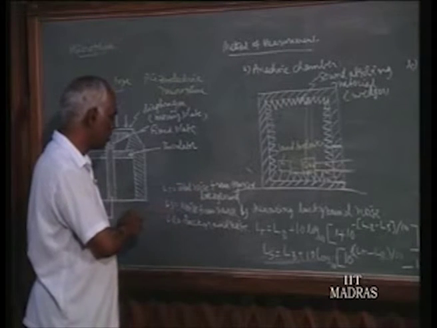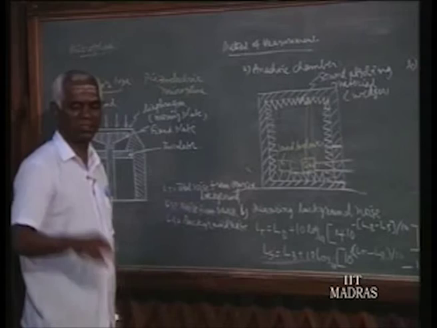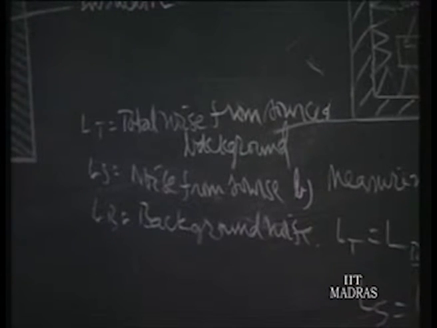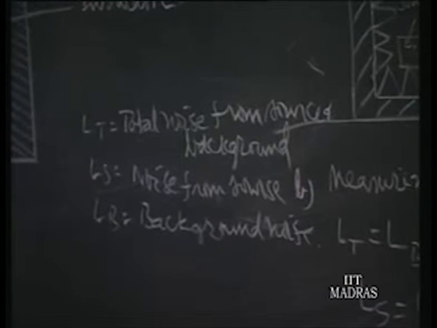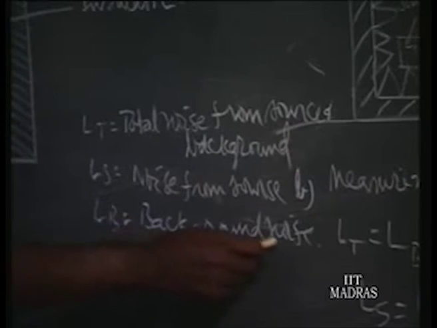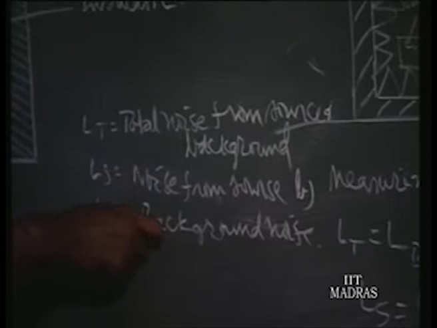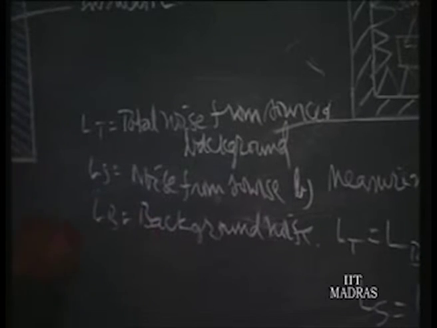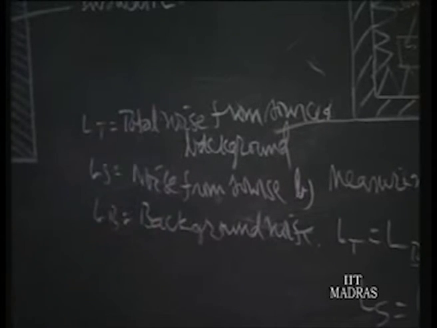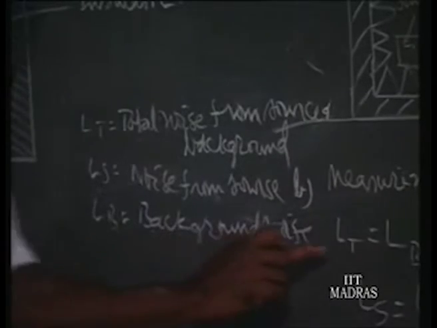Now you switch off the source, it is a running machine, you know. So you switch off the power supply, the source will stop, no noise, and you will be measuring the background noise. So you measure the total noise, and then after switching off, measure the background noise. From these 2 measurements you can obtain the source measurement by using this equation 1.